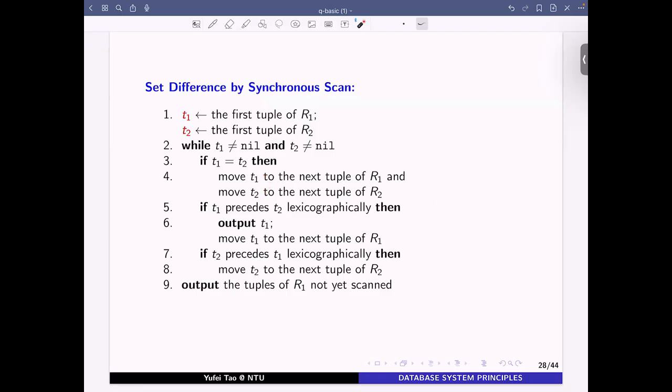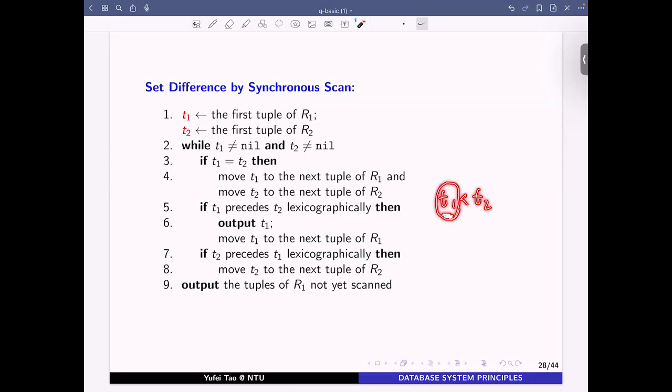Now, this is the case where T1 is less than T2, and the reasoning is that T1 cannot possibly appear in the unscanned part of relation R2, because T2 is already the smallest element of the unscanned part.